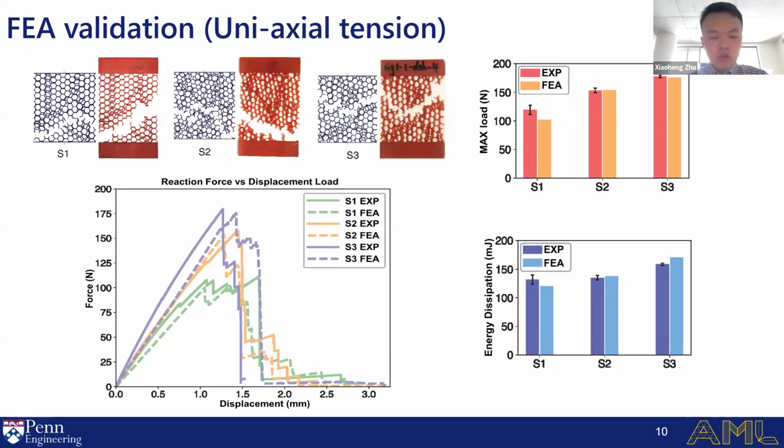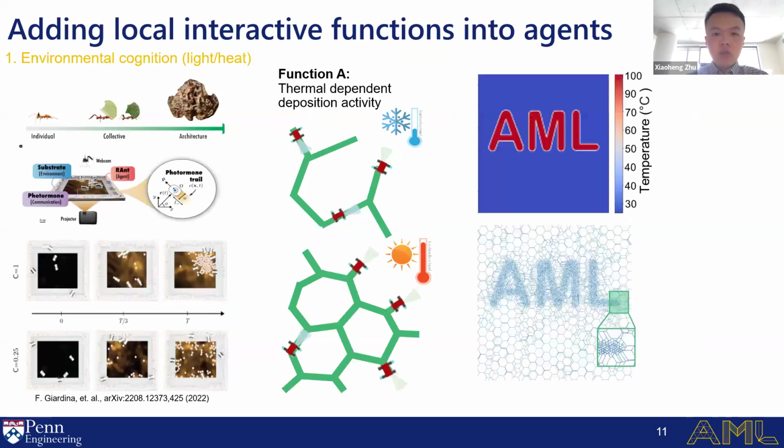So with all of these rules and setup, the next question for us is that we try to further refine our rules. That's the reason we go over into nature and try adding some local interactive functions into agents. So we take the ants as an example on the left side. For the ants, the first function we add is the environmental coordination.